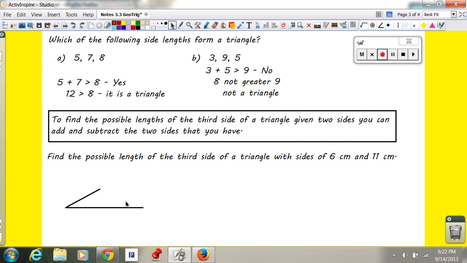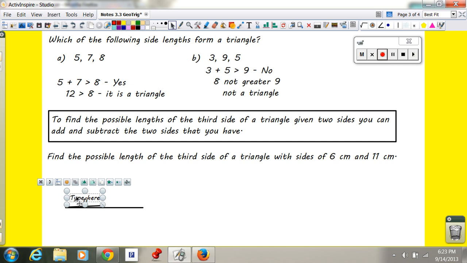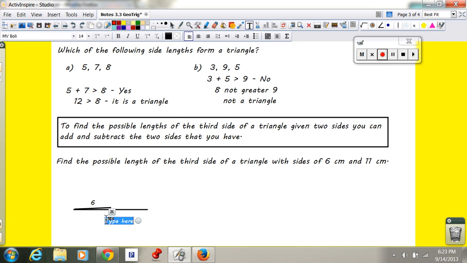What are the possible lengths of this third side? Well, if I was to take this third side and bring it as close to this as possible, with this being 6 and this one being 11, you could see that the third side here is going to be basically 11 minus the 6 to see what's left over.